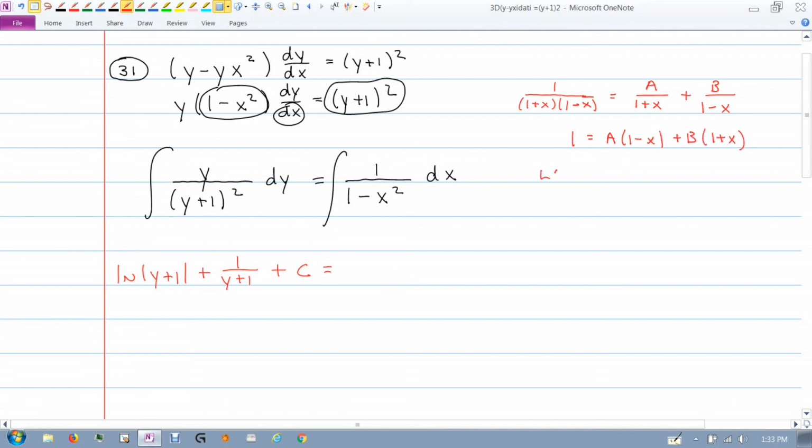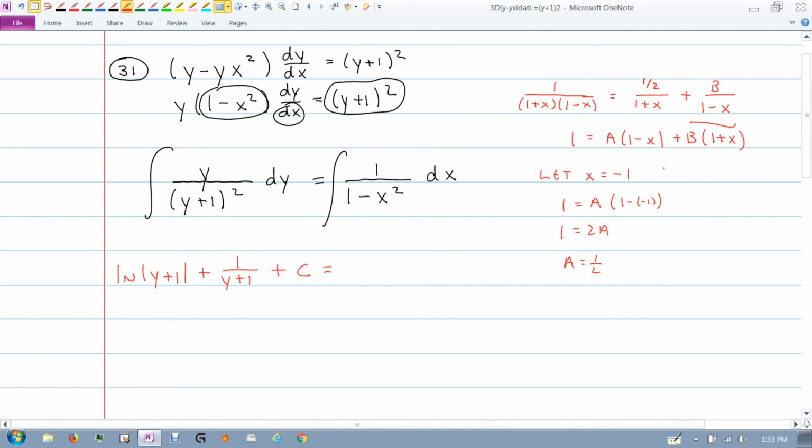And then I start letting x be certain things. So x is negative 1. That will kill off this second one. So if I let x be negative 1, we get 1 minus negative 1. That's going to be 2. So 1 equals 2a. So a is a half. So this a is a half up here.